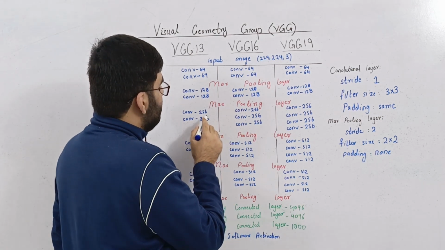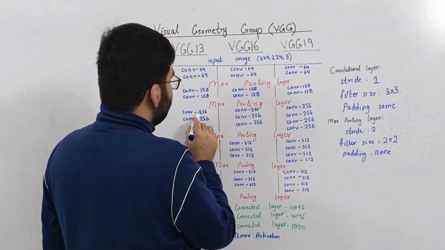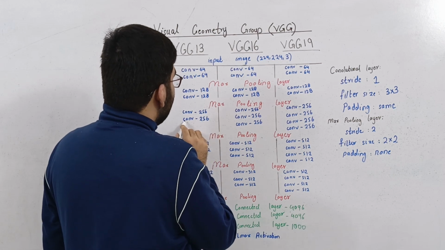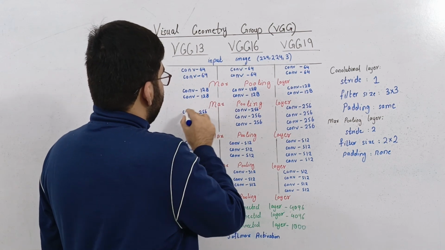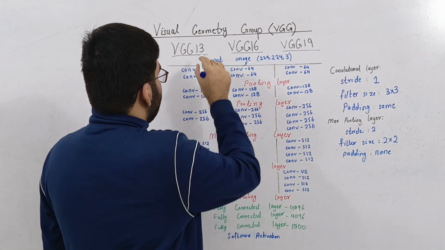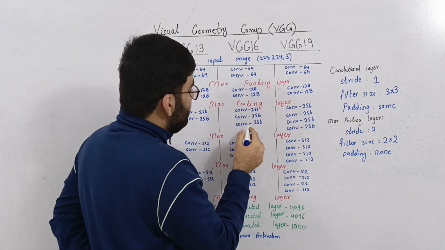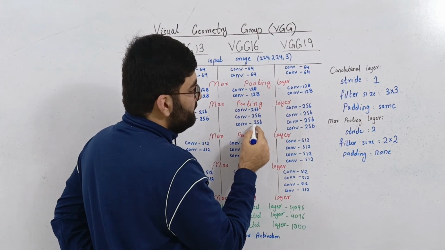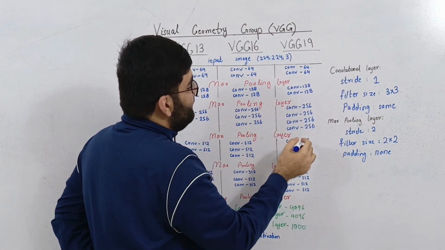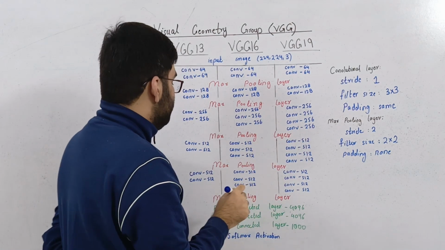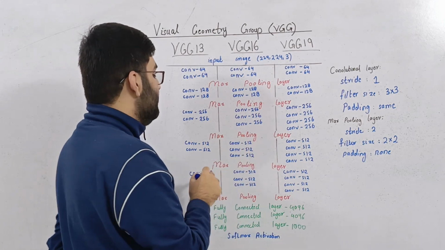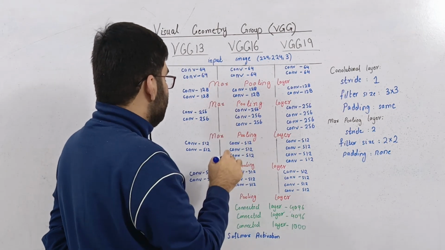After that, there is a convolutional layer with 256 filters and a second convolutional layer with 256 filters, and only 2 layers in this portion for VGG 13. Whereas VGG 16 has an extra convolutional layer with 256 filters and VGG 19 has a fourth convolutional layer with 256 filters. Then there is a max pooling layer that is again common in each of the 3 networks.